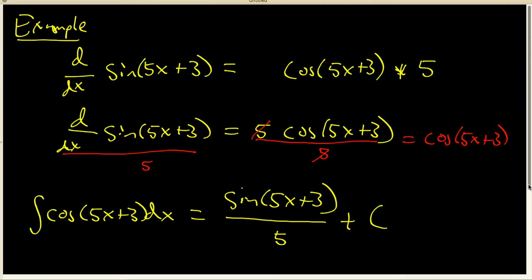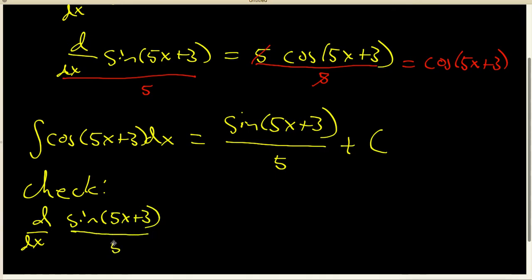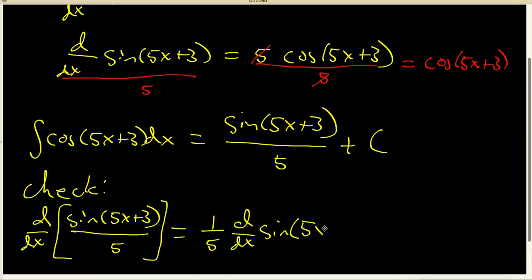Well, let's check that fact. We can always check by doing a differentiation. So we will differentiate sine of 5x plus 3 divided by 5. This 1/5 can come through my differentiation operator, and so this derivative is 1/5 times the derivative of the sine of 5x plus 3.